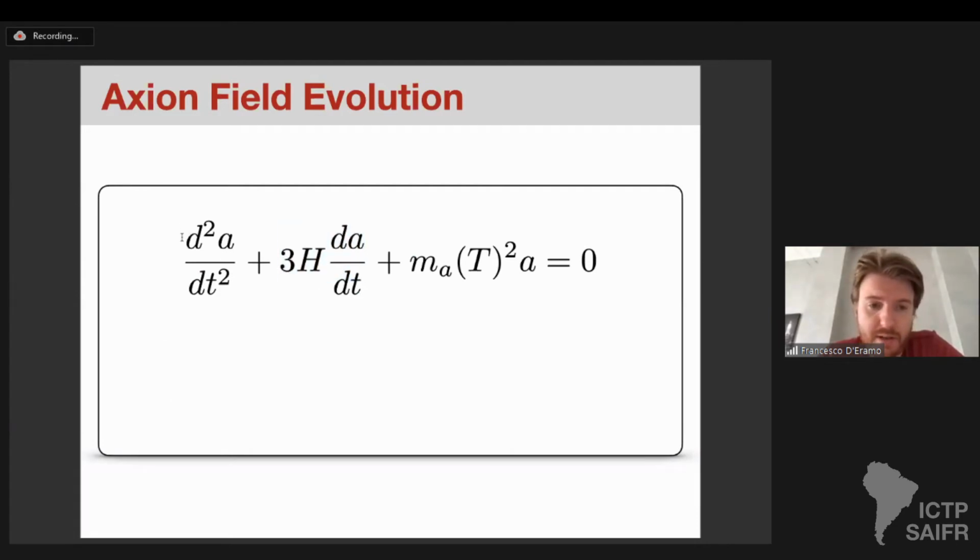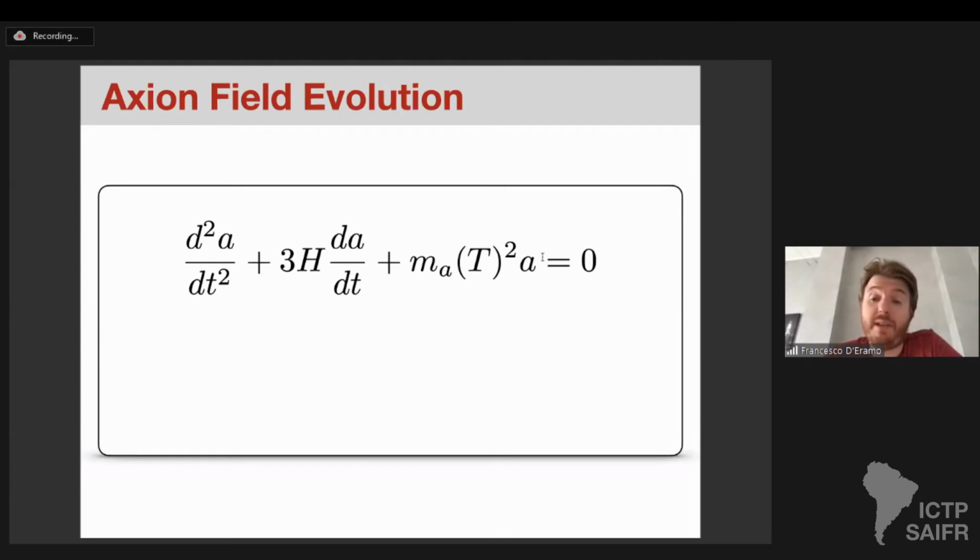This equation says a double dot, the second time derivative of the axion field, is equal to minus the derivative of the scalar potential, so I put everything on the left-hand side here. That's Newton's law, if you want: F equals ma, where the force here is given by the derivative of the potential. Remember, the potential was one half m squared a squared.